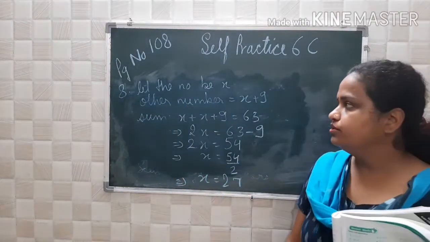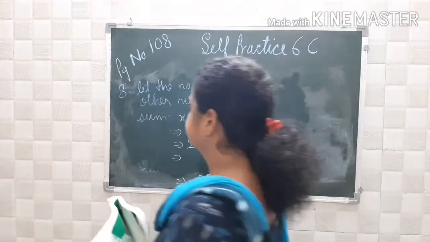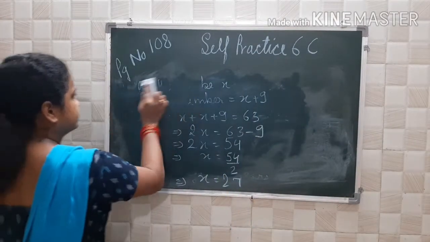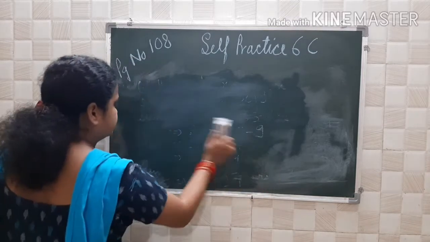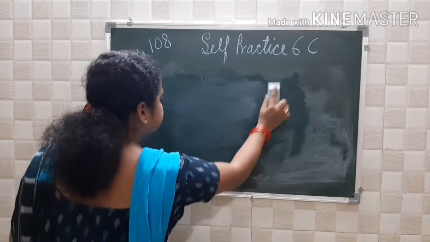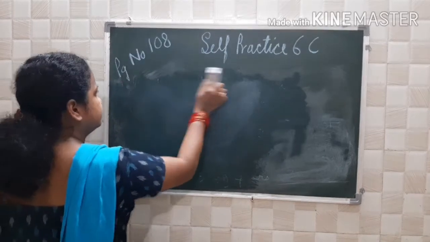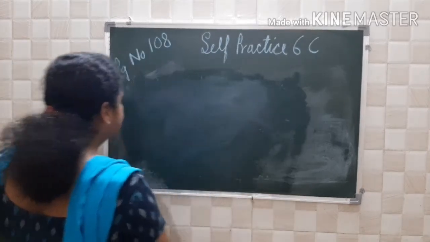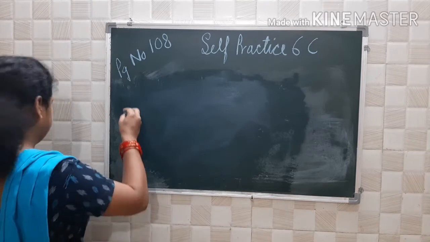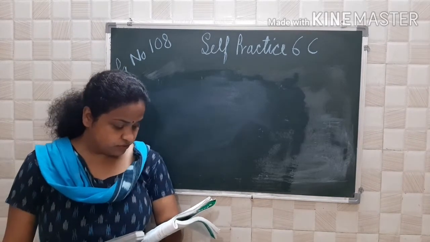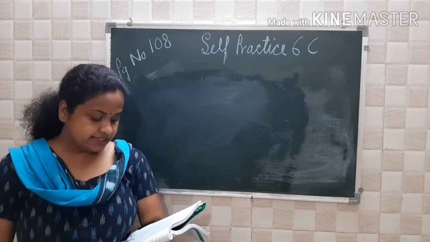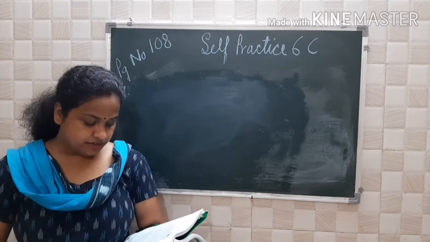Now come to question number 9. In question number 9, the sum of two numbers is 64 and the second number is 16 less than the first.